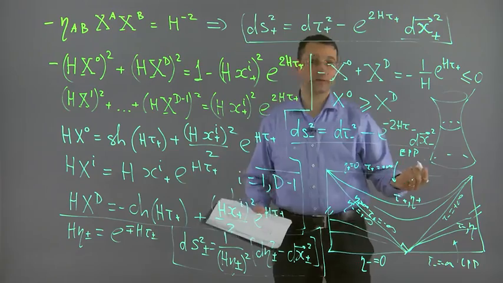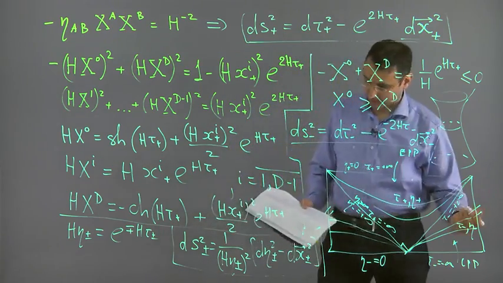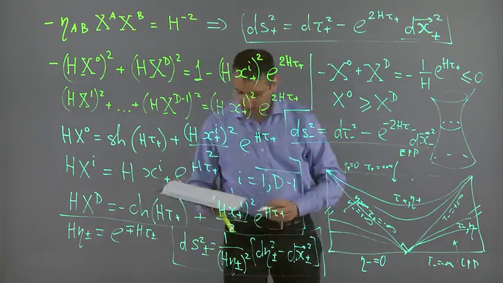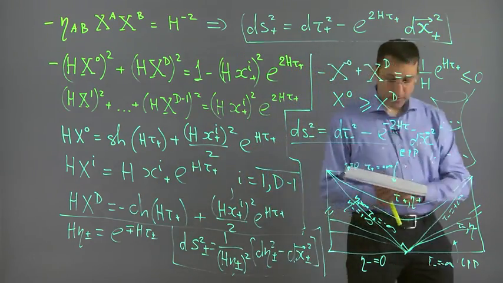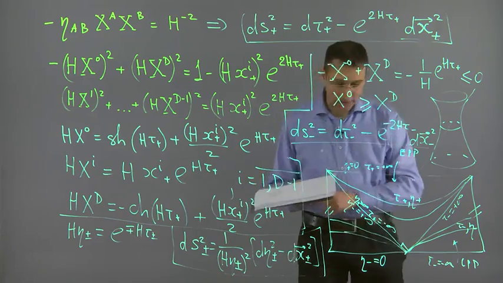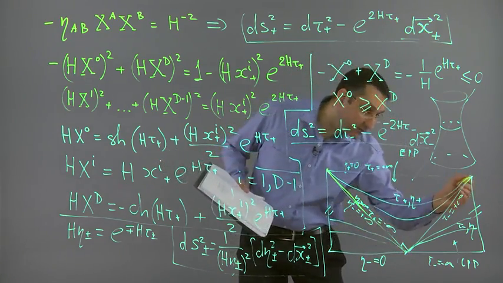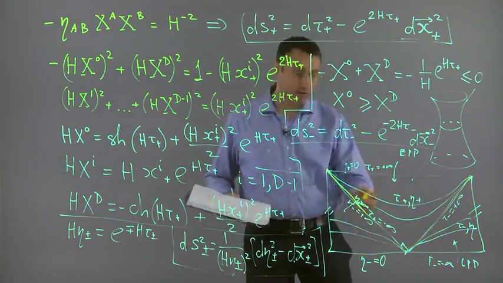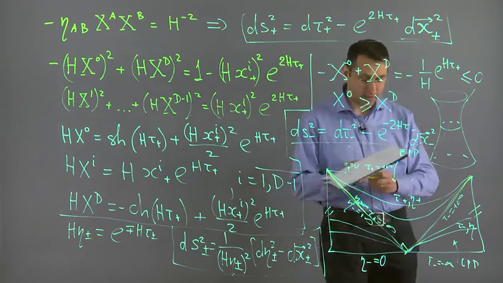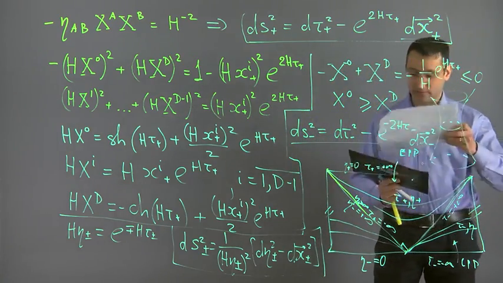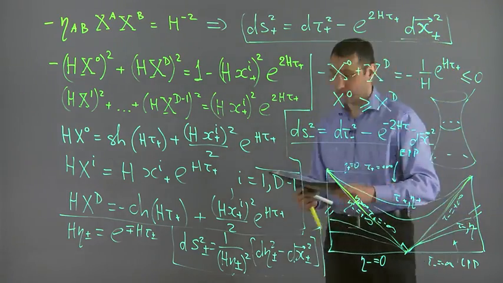We obtain the contracting patch from the expanding patch, and vice versa. And that is exactly what happens here. The boundary between these two patches is just these two straight light rays. So the past infinity of the expanding Poincare patch is light-like, and the future infinity of the expanding Poincare patch is also light-like.